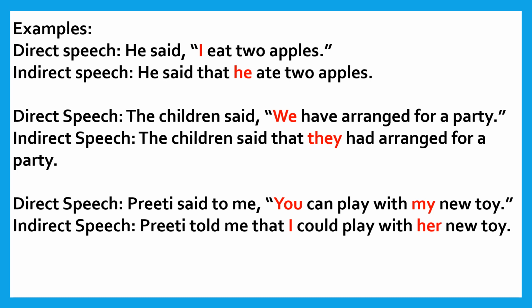The last example, direct speech: Preeti said to me, "You can play with my new toy." Indirect speech: Preeti told me that I could play with her new toy. You can see in this sentence, you changes to I and my changes to her.